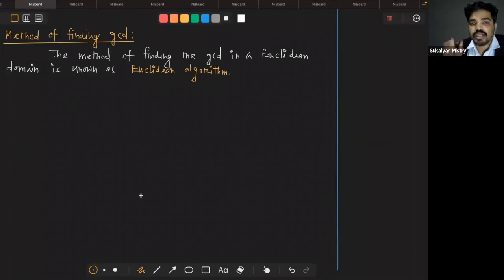So let us consider two non-zero elements.